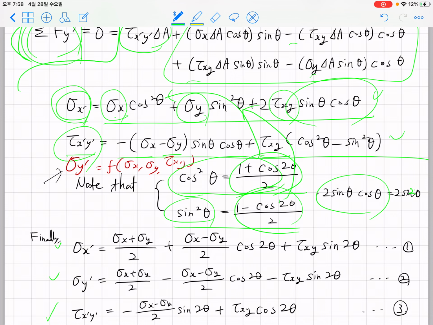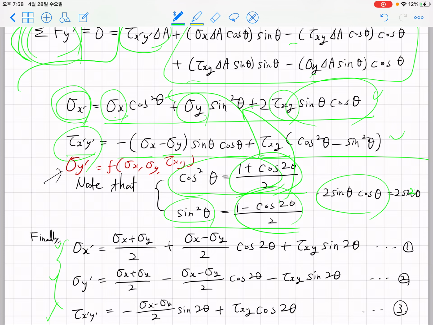If you have a really amazing memory, then because there is an analytical equation relating sigma x, sigma y, and tau xy with sigma x prime, sigma y prime, and tau x prime y prime, you can simply use this equation. But most of us do not have such a good memory, so instead of memorizing the entire equation, we want a better way to memorize this.